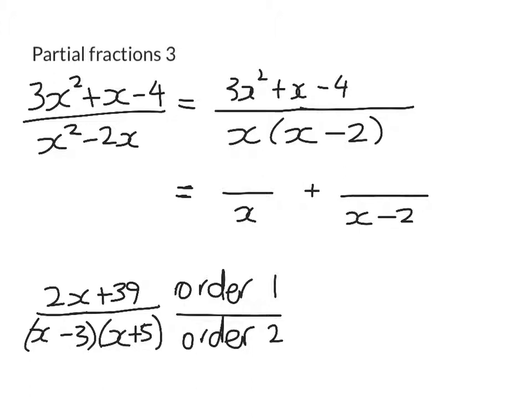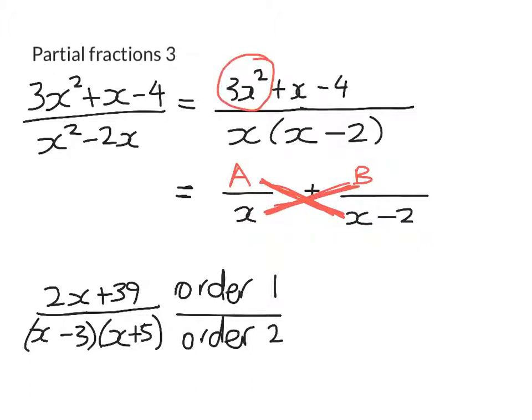Now, because I have to generate a quadratic, if I just have an a and a b, that's not going to give me a quadratic, because when I multiply through to get my single fraction numerator, I'm going to have an ax minus 2a, and when I multiply through here, I'm going to have a bx. But nothing is going to give me that 3x squared.